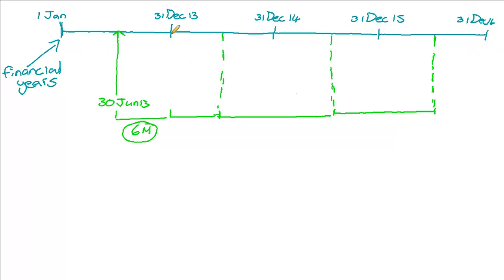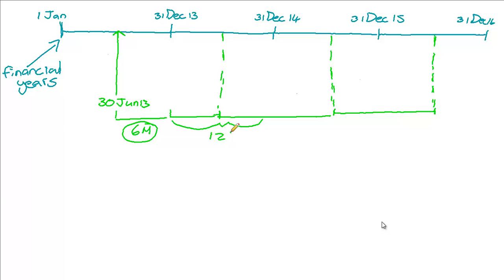So in the first financial year that ends here, we have this asset in use for only 6 months. In the second year, from 1 Jan 2014 to 31 December 2014, we will have this asset for a full 12 months.